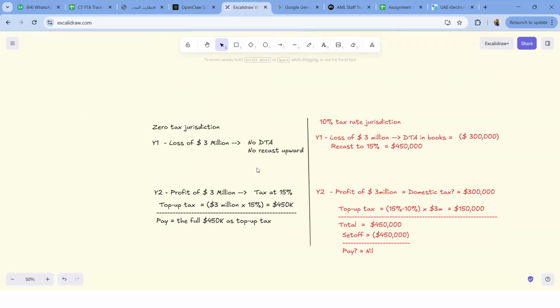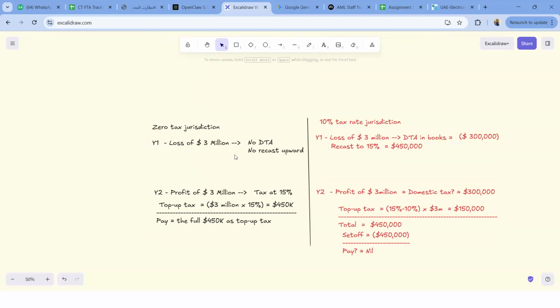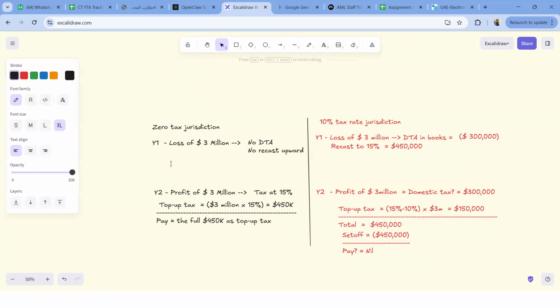Without this election, GloBE losses provide no benefit at all. With the election, a loss creates a deemed DTA. So this being a zero tax jurisdiction, and during the first year, if I take the GloBE loss election, then what will happen?